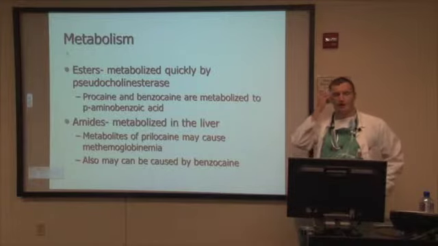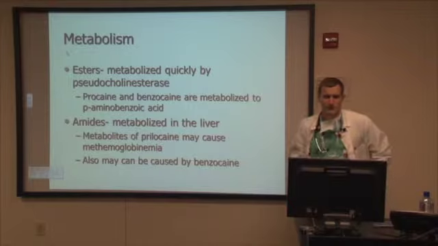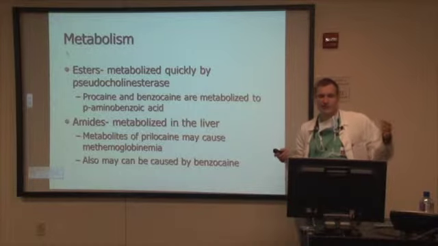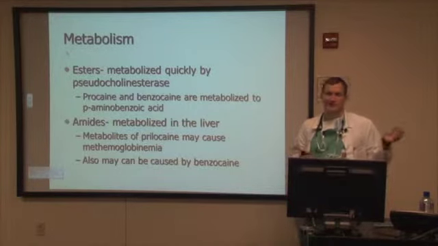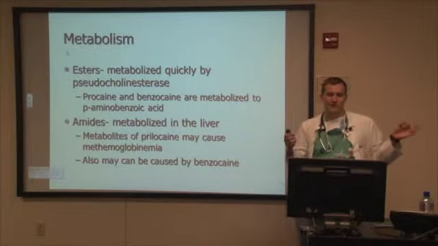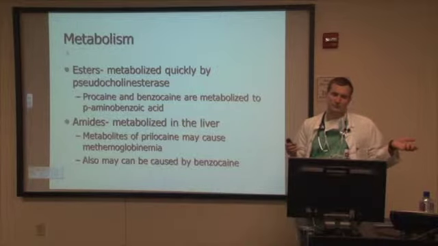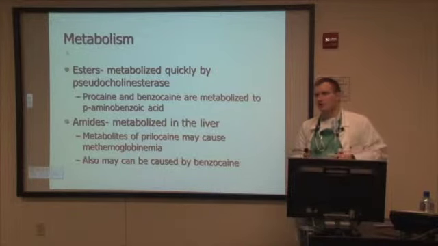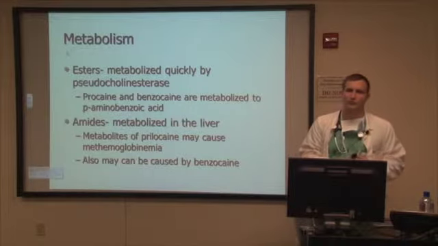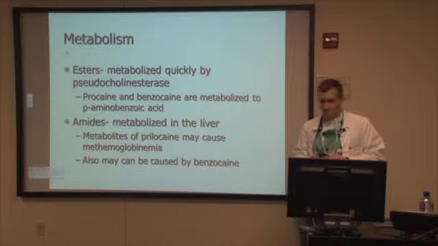So a little bit more on the metabolism side of things. We talked about amides being metabolized in the liver. Some of the metabolites of certain local anesthetics, prilocaine and benzocaine, can cause methemoglobinemia. Other drugs can cause it as well.